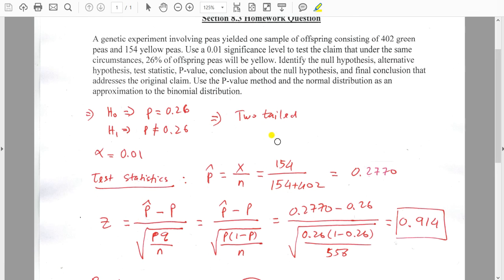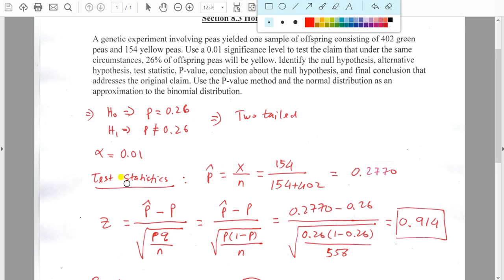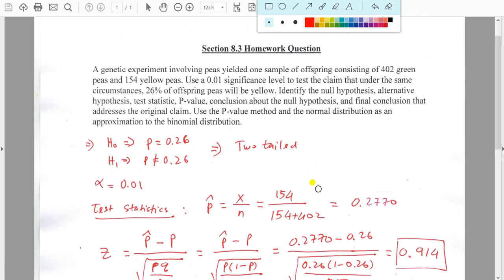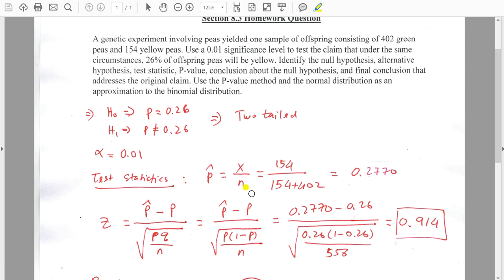Now how do I find the test statistic? The test statistic has the formula given here, z equals the point estimate p hat minus p, over the square root of pq over n. Now the point estimate: we are testing for the yellow. 26% of the offspring will be yellow.